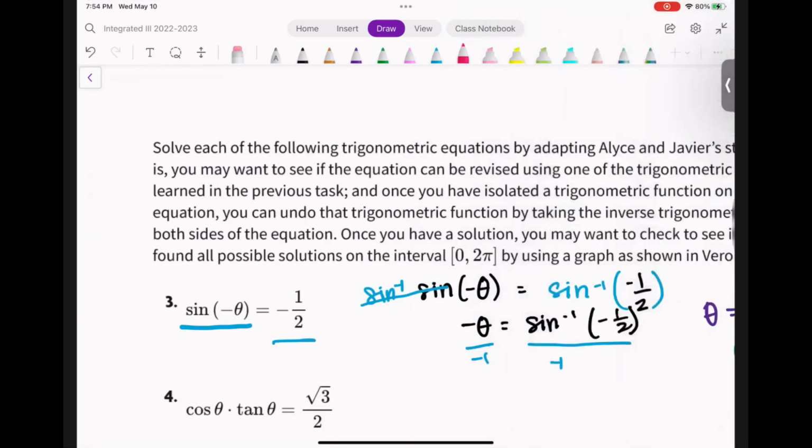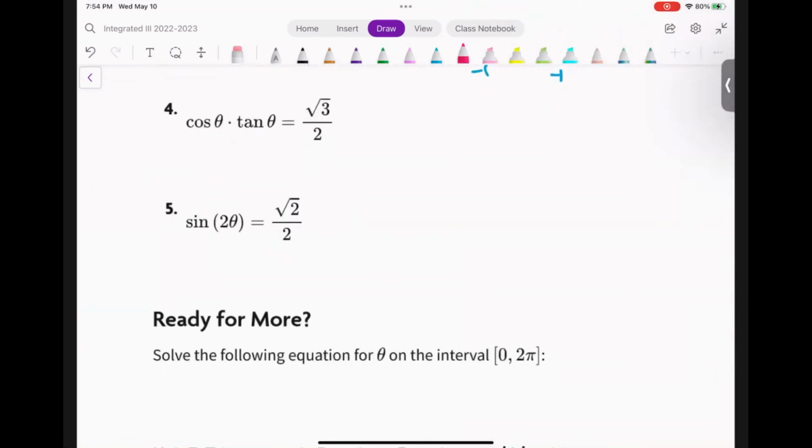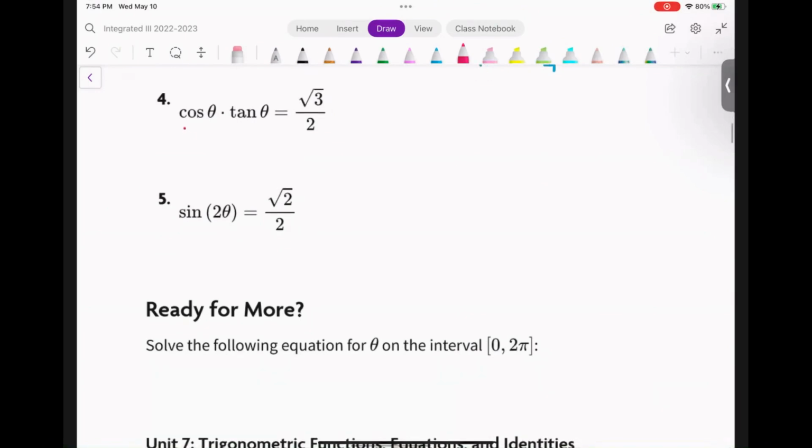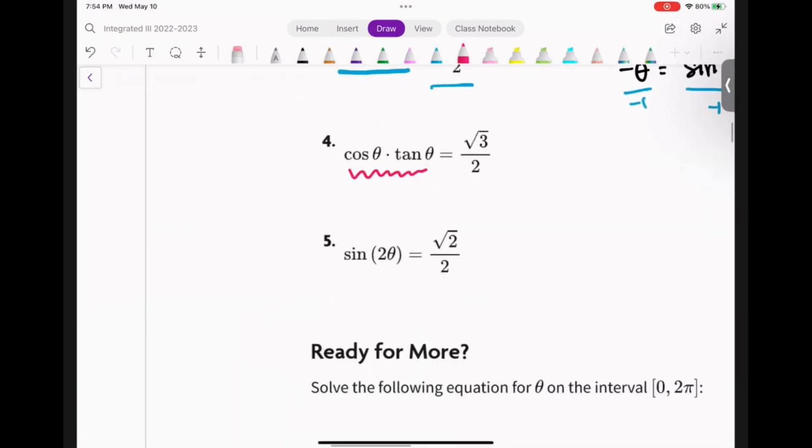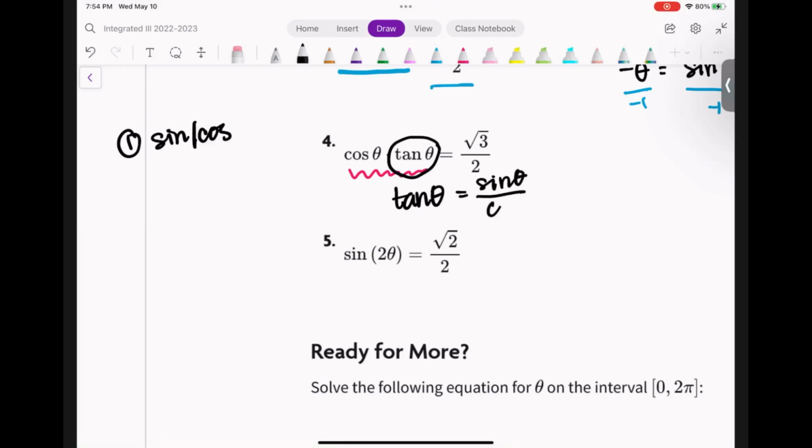Okay. For this one, you can't take the sine inverse, cosine inverse, or tangent inverse because we have two of them together. So the very first thing that I'm going to keep telling you to do when you get stuck like this, one of my first strategies, is turn everybody into sine and cosine. Remember that one of my identities here is tangent theta equals sine over cosine.